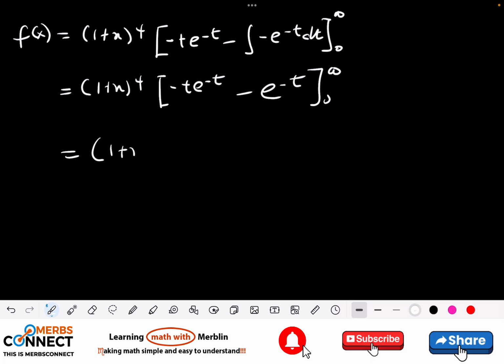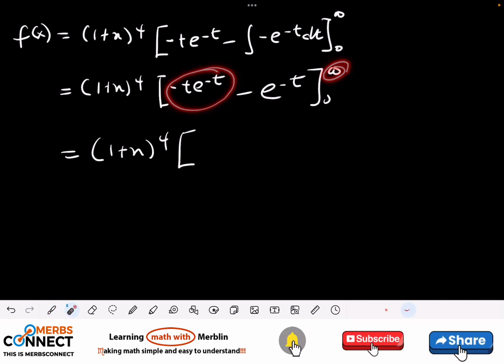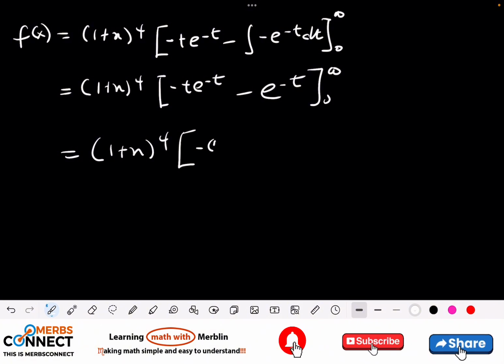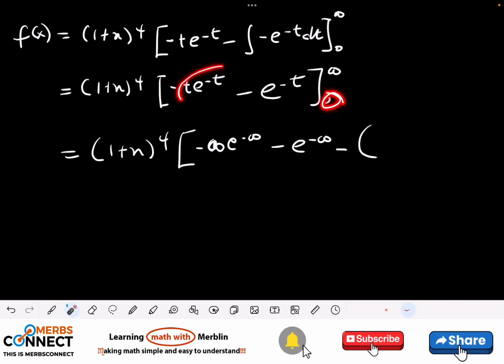Now when I plug in infinity here, what happens? I'll have minus infinity times e to the power minus infinity, minus e to the power minus infinity. Then when I plug in 0 here, I'll have minus 0 times e to the power 0, minus e to the power 0.